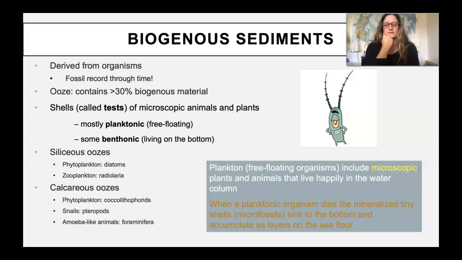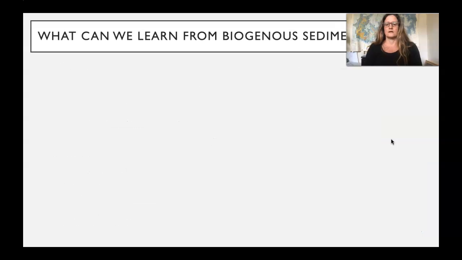These are plants, the coccoliths, and zooplankton, which are mostly pteropods or snails. There are some amoeba-like animals that are called forams or foraminifera. The organisms die and fall to the seafloor, and they accumulate there in layers.